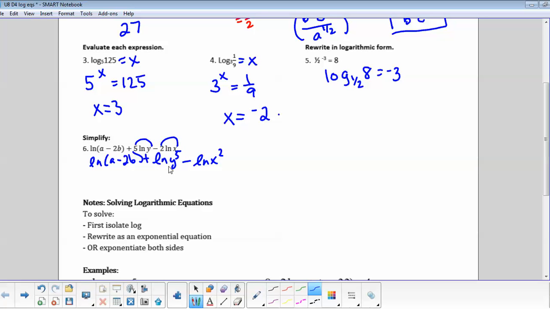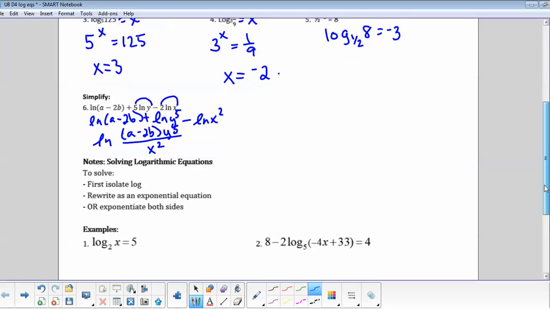Now, two logs that are being added, you can multiply those. So it'll be the log of a minus 2b times y to the 5th, and then a log that's being subtracted, that can be divided by, so it'll be over x squared. So it becomes a single logarithm.